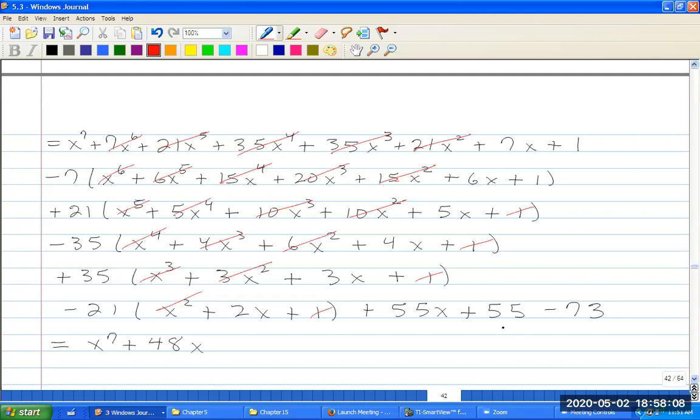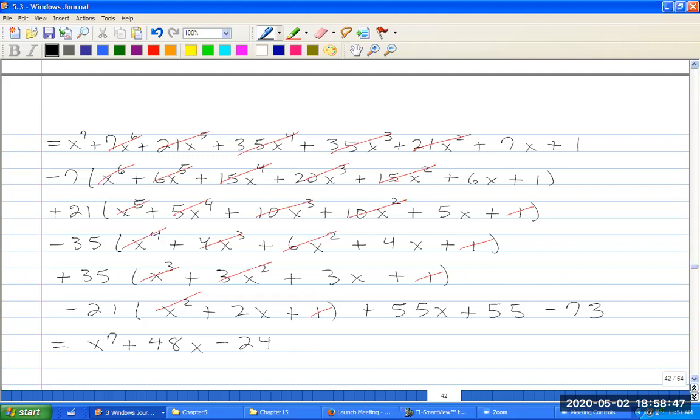Oh, plus the 55, I forgot about that. Sorry about that. So I have a 1 minus 7 plus 55 minus 73. So I get a negative 24 after I add up everything. So a lot of things canceled actually. So I just have to look at this guy.